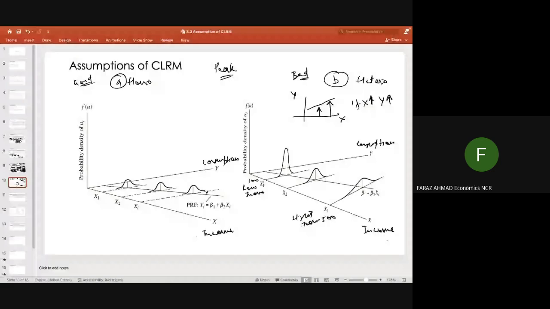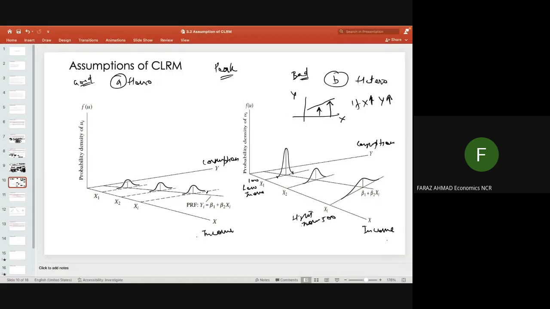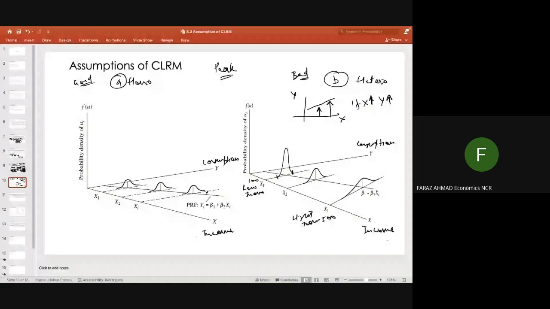So those people who are poor, who have low income, they have less variability in their consumption. Their consumption would go as high as this point, and it can be as low as this point, so that the variation in their consumption is very less.